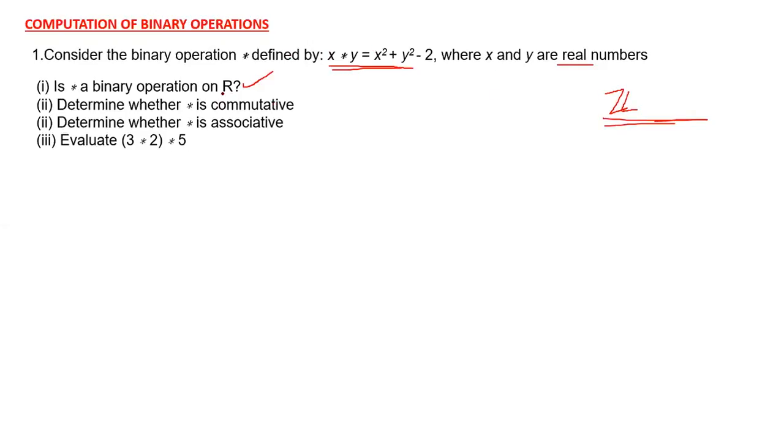Now, since we're talking about real numbers here, the question is: is there a way that you can make this expression undefined by replacing X and Y, or any value of X and Y, by any real number?